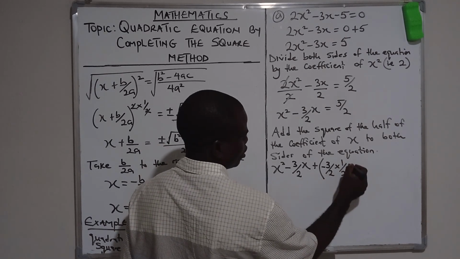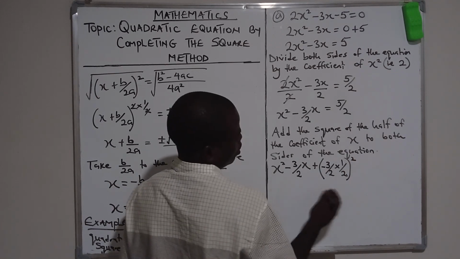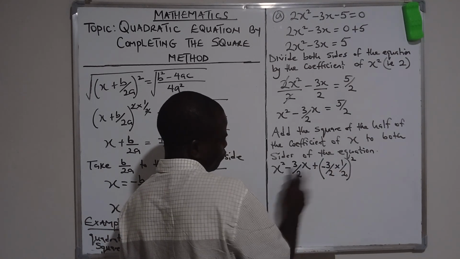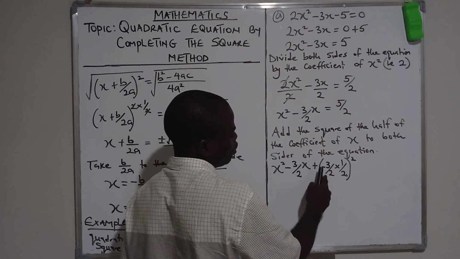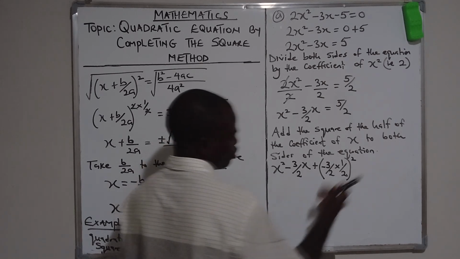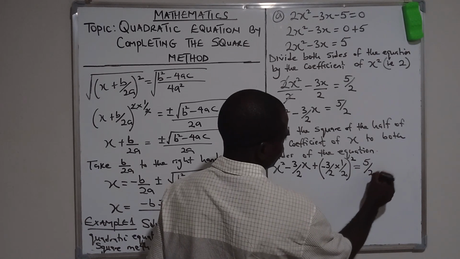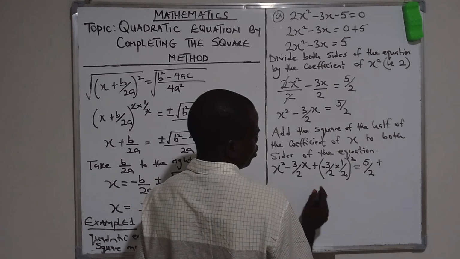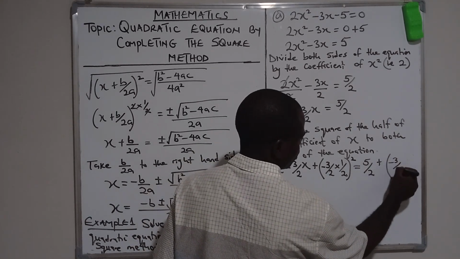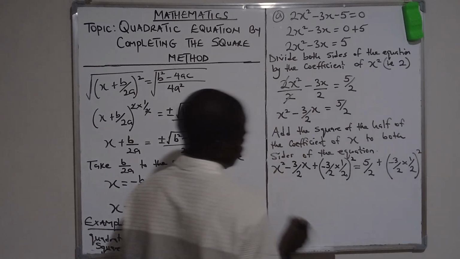You now square it, and add it to both sides, which is equal to 5 over 2 plus the same thing, minus 3 over 2 times half, squared.